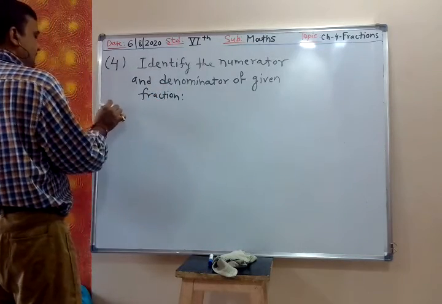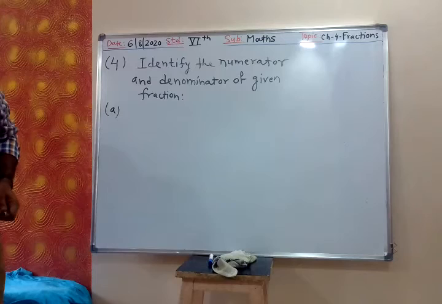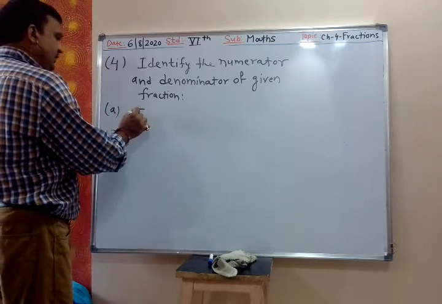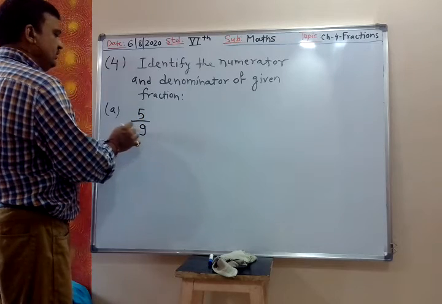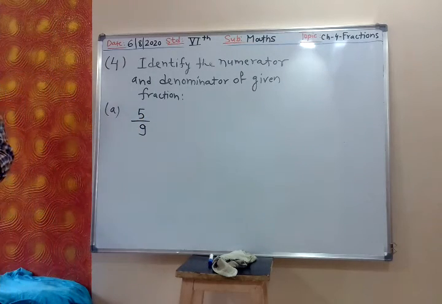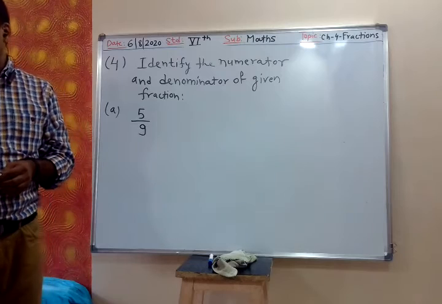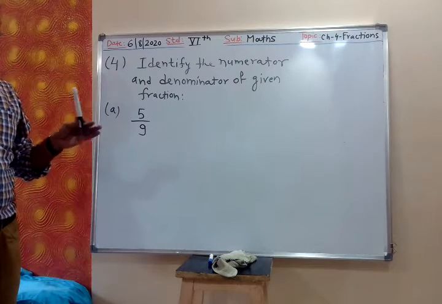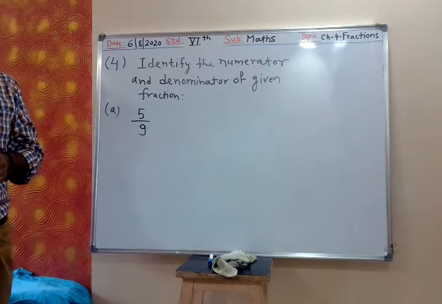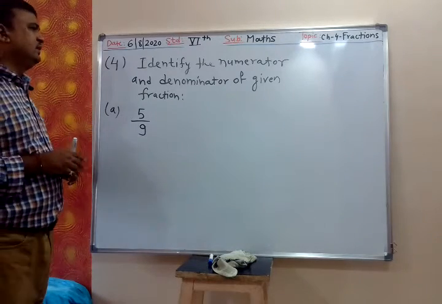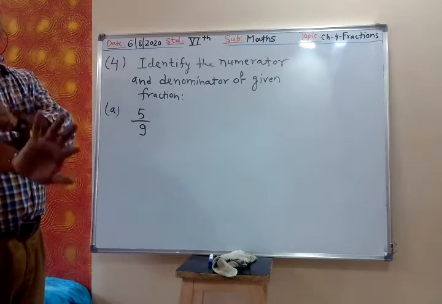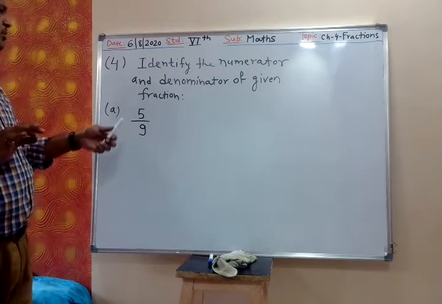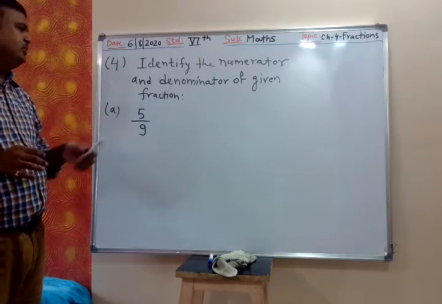First, A. It is given 5/9. Of the given fraction, you have to identify the numerator and denominator.